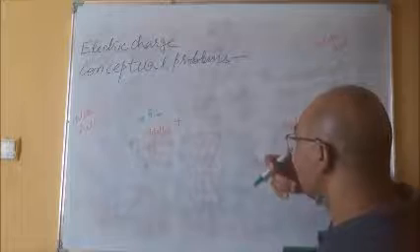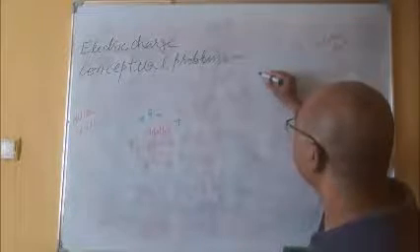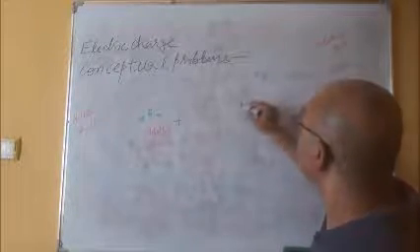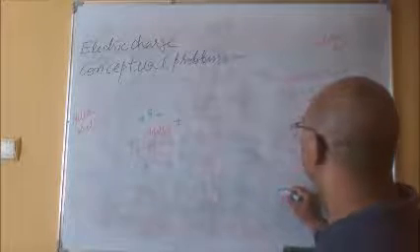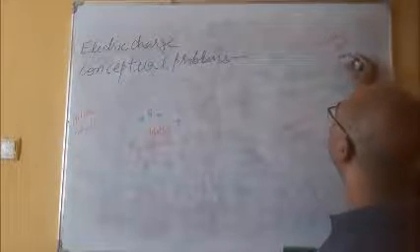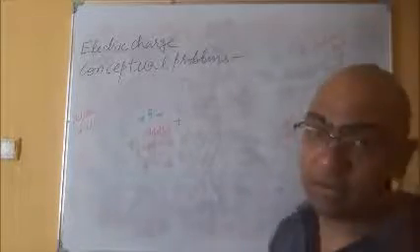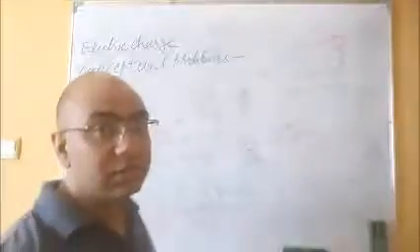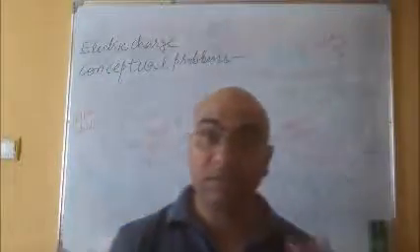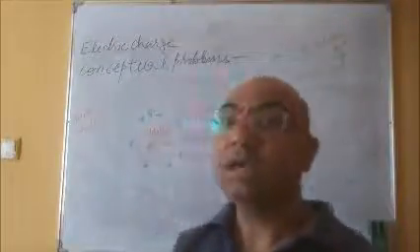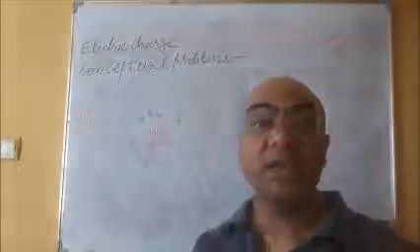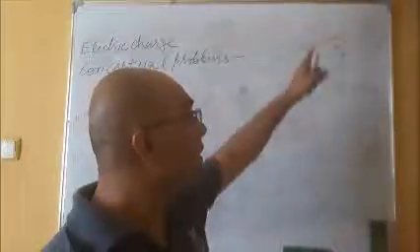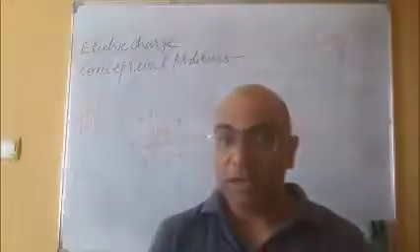In the second case, we have plus Q charge, which is uniformly distributed on the metallic shell. Both are the same structure, but in the first case we are assuming the charge is on the metallic sphere, and in the second case on the metallic shell.